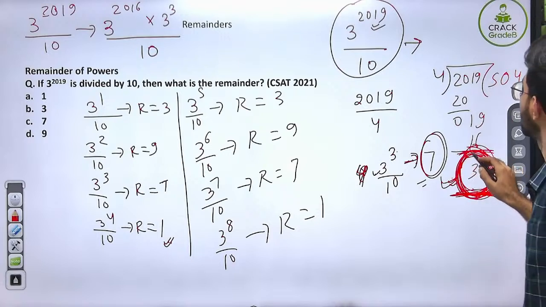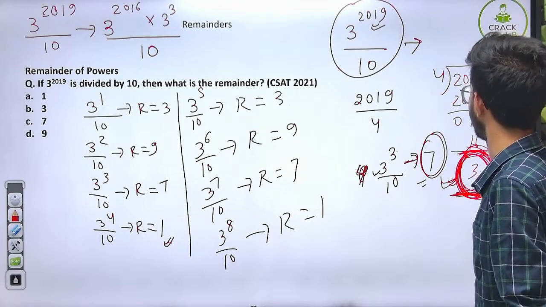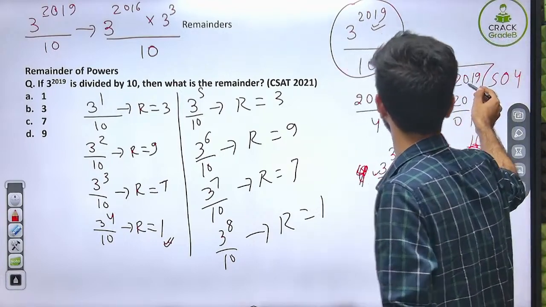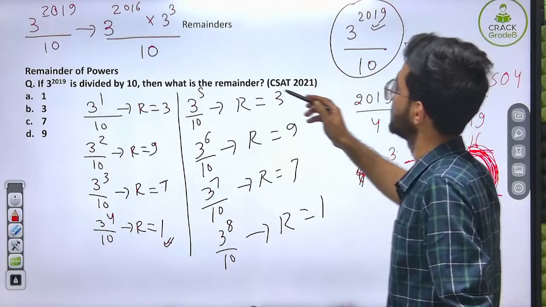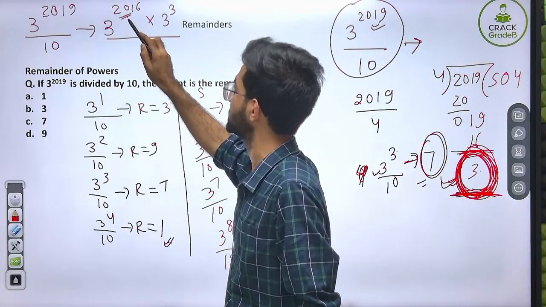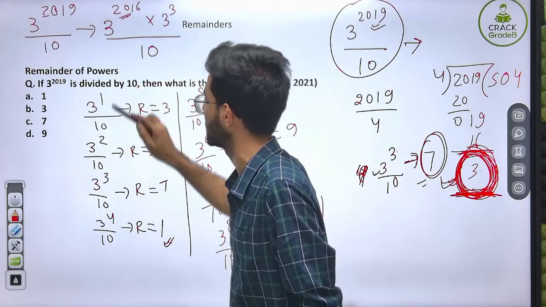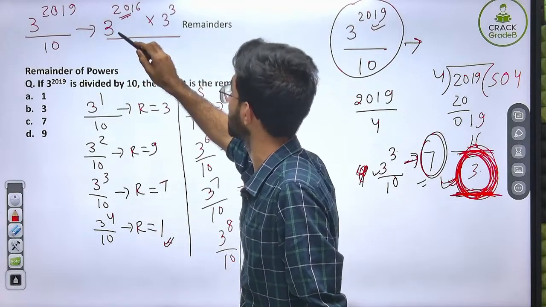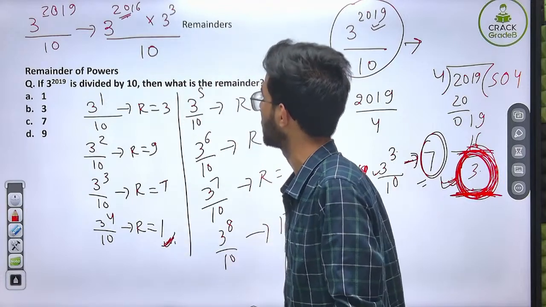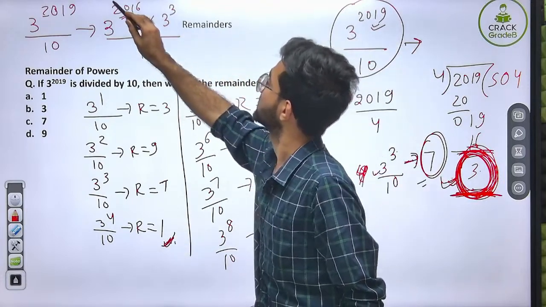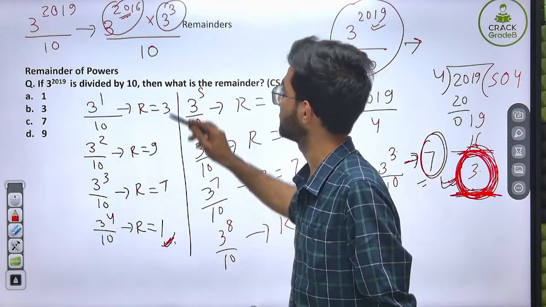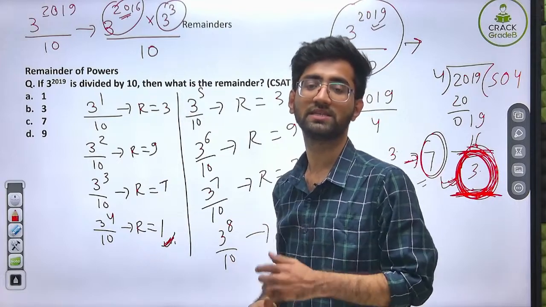It means that if you subtract 3 from this number, 4 will completely divide it, right? And if you subtract 3 from this number, it will be equal to 2016. So 3 to the power 2016 by 10, in that case the remainder will be equal to 1, right? But now this will give the remainder of 1, and this will give the remainder of 7. So 1 into 7, that is 7, right?